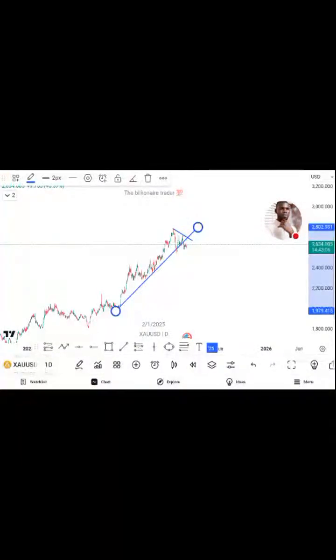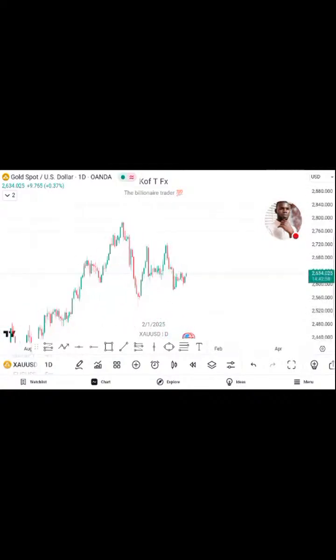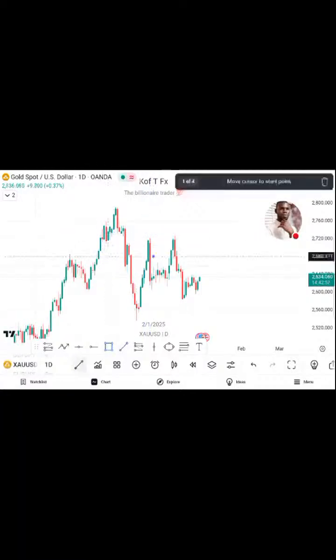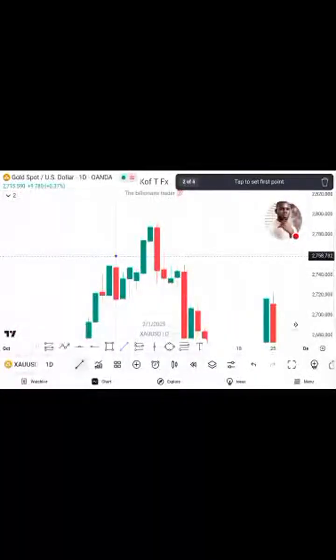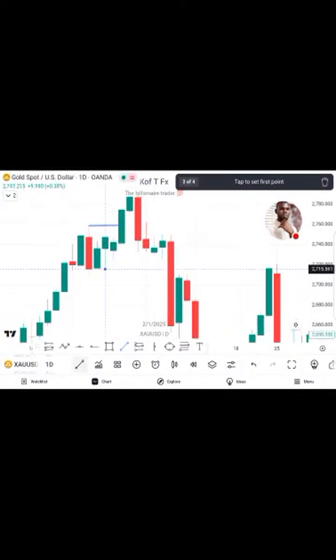So let me just delete this. So now this is the daily time frame and I have this area here. We have this, this is the last high on the daily time frame. And we have this low being broken.